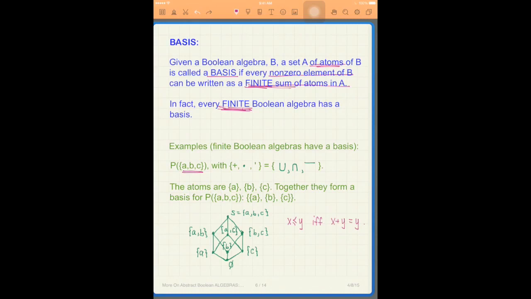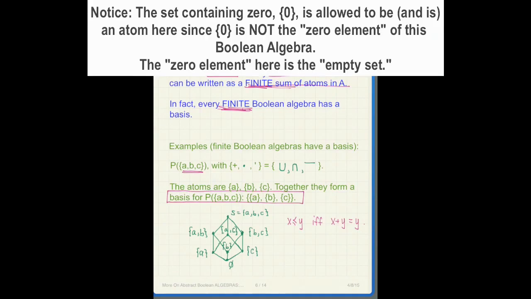The atoms were the set A, the set B, and the set C. Together, we say the basis will be this set of atoms. The difference is now for the basis, you're putting all of the atoms into a set. And together, if I use any of these atoms in this set, I can generate everything else in this Boolean algebra.